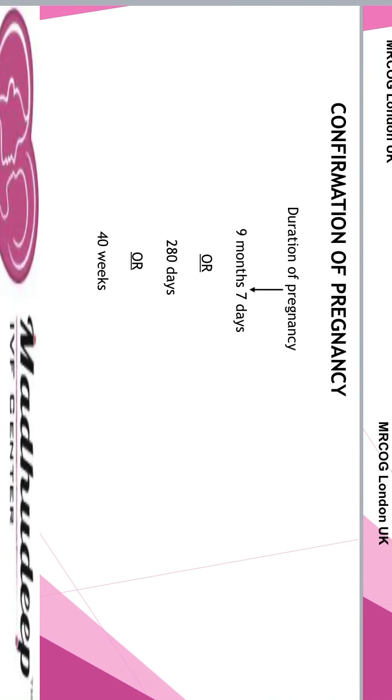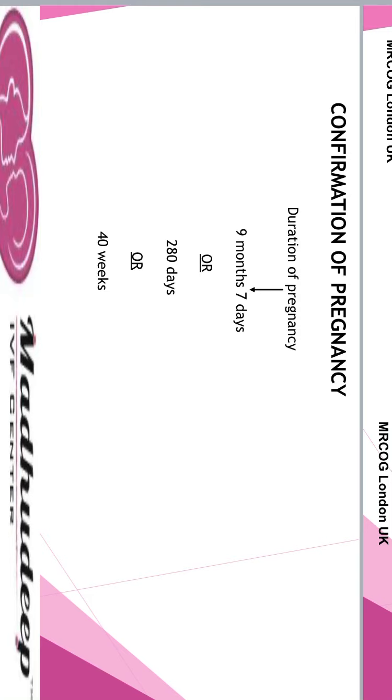Confirmation of the pregnancy. First, the duration of pregnancy is 9 months 7 days. Total actual duration of pregnancy is 9 months 7 days or 280 days or 40 weeks.